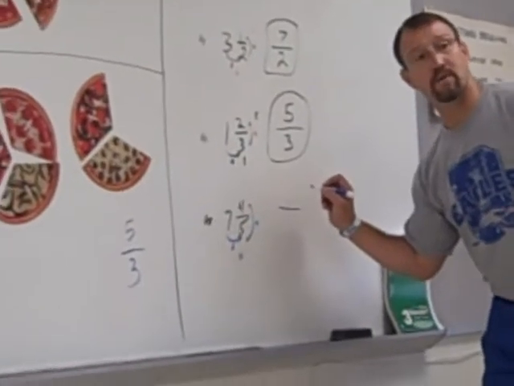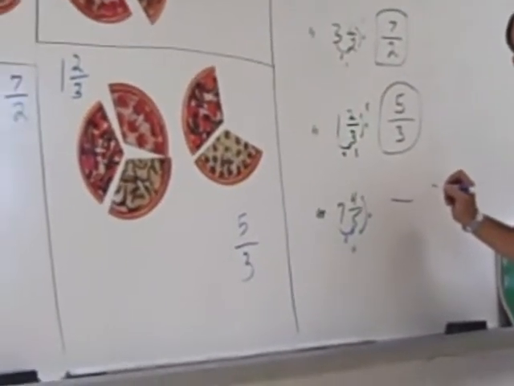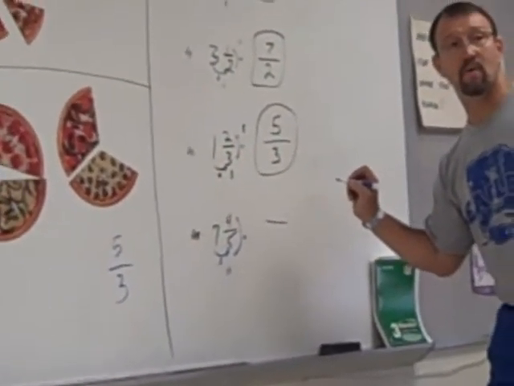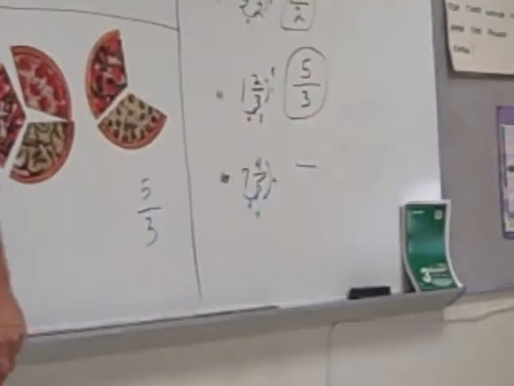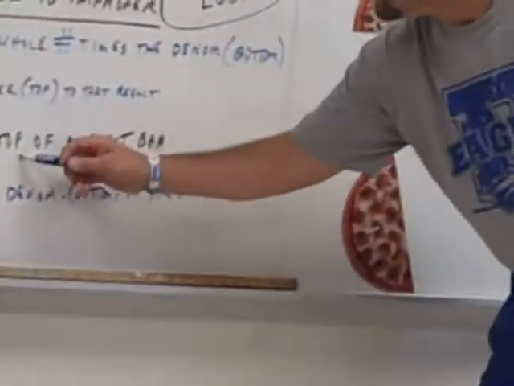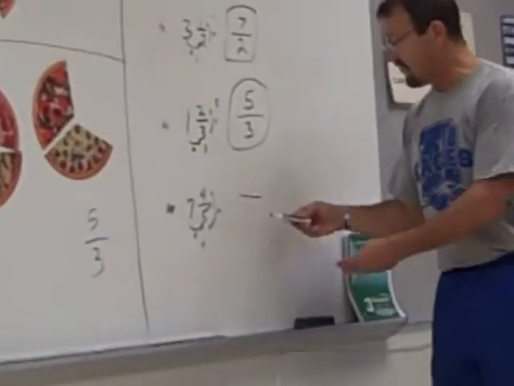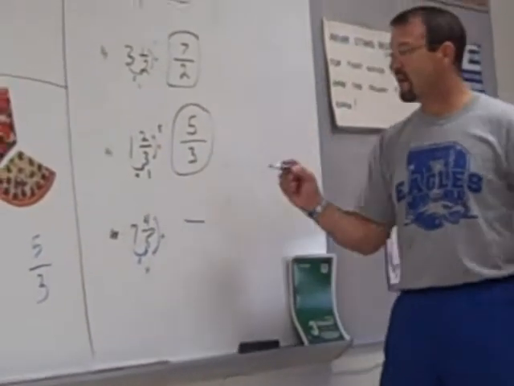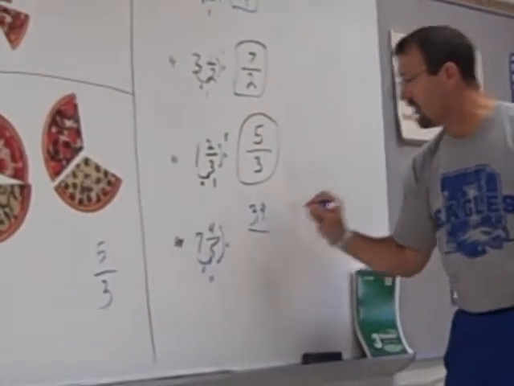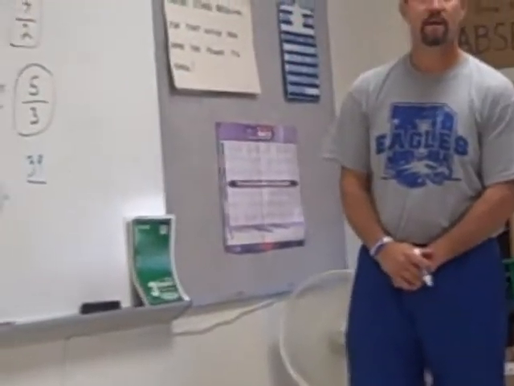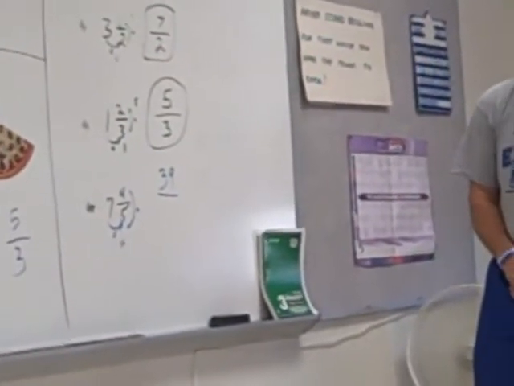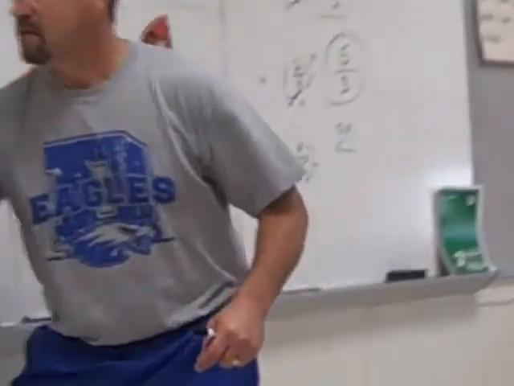Where does it go, Crystal? The top. Don't get this lost. There's nothing in here. The first number you ever get goes on the top. 39. Now, Crystal, what goes on the bottom?